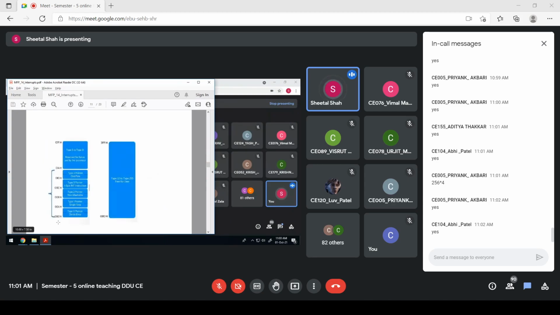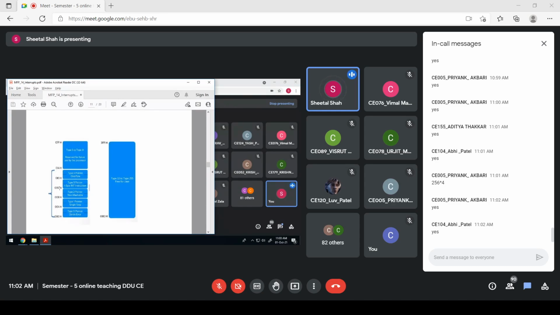See here. So it is 0000 till 07FH. 7F is nothing but the number of bytes which is used for storing the interrupt vector. So here this is a type 0 interrupt, type 1 interrupt. These 5 interrupts are fixed for 8086.